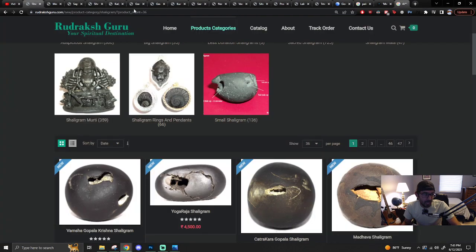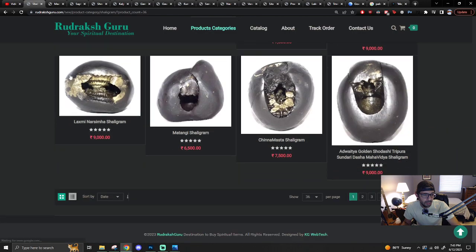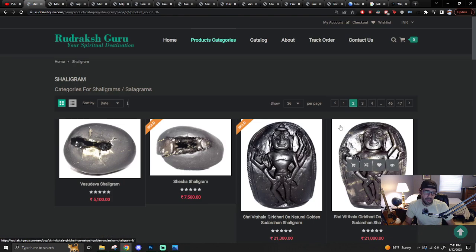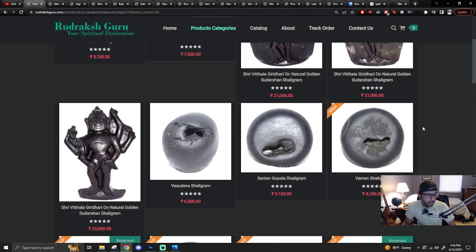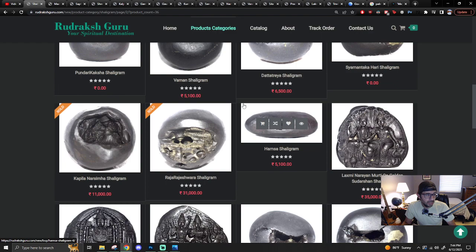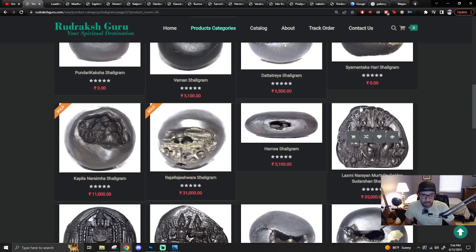So they have a lot of shallograms. Many of them are carved, which I don't have any pictures of, like these. But interestingly, I'm going to try to find one. Like this one, you can see the back on it.